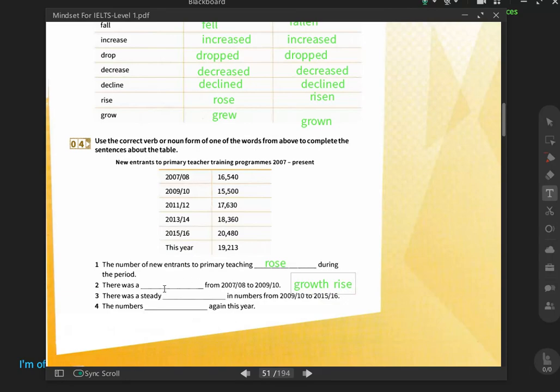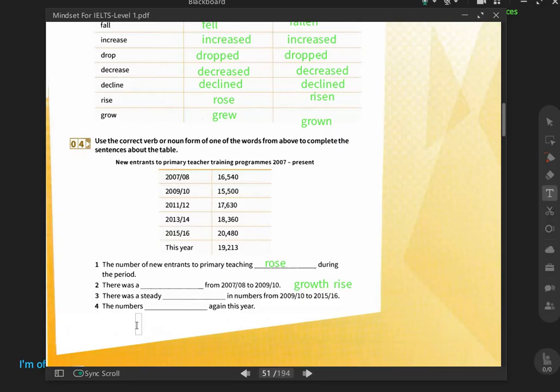And the numbers, I need a verb here again this year. So what happened here? I need to use another tense, not present simple, not past simple. Of course, you can use past simple, but it's better to use another tense as well. You can say dropped.